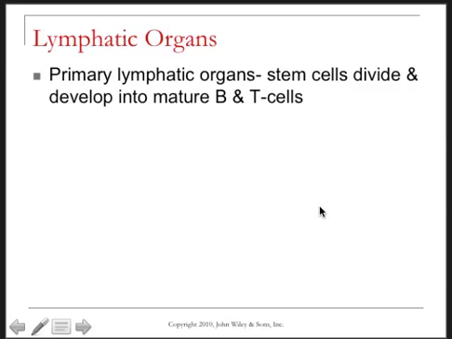The B and the T cells are very important. They're generated in the red bone marrow and the thymus, and what they do is they modulate our humoral and our cell-mediated immunity. Now you might wonder, what is humoral or cell-mediated immunity? Basically, humoral immunity is that type of immunity that is mediated by antibodies.